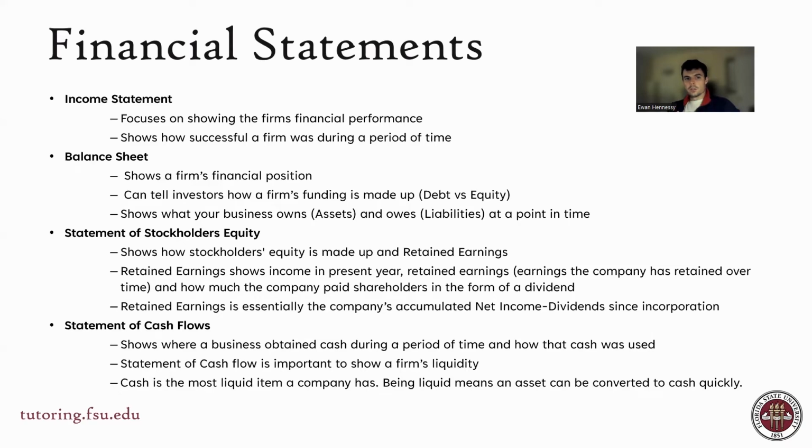Your current semester grades are your income statement, which will be consolidated and added onto your GPA, right? Balance sheets show breakdown of funding and statement of stockholders' equity, made up of retained earnings. We kind of already hit on statement of cash flows.